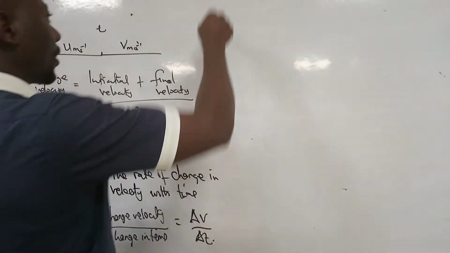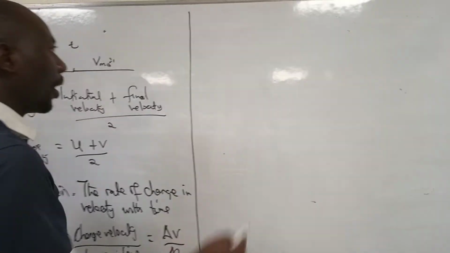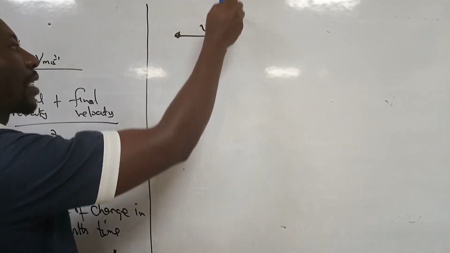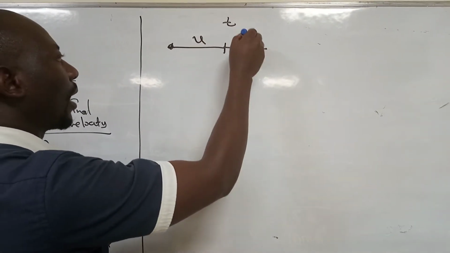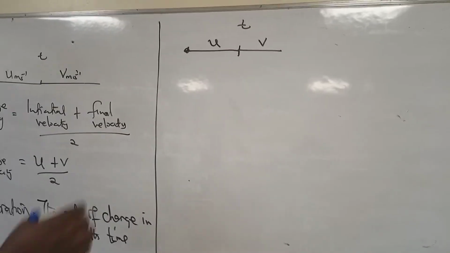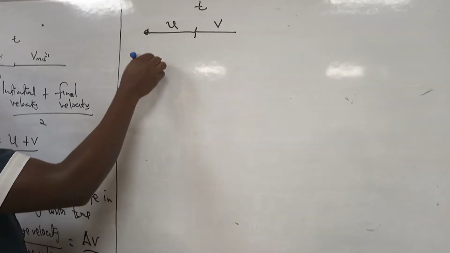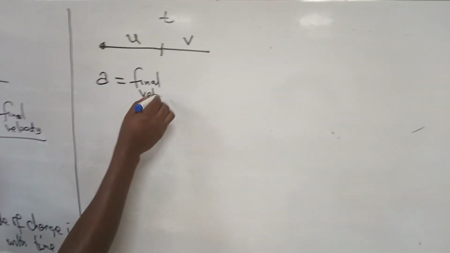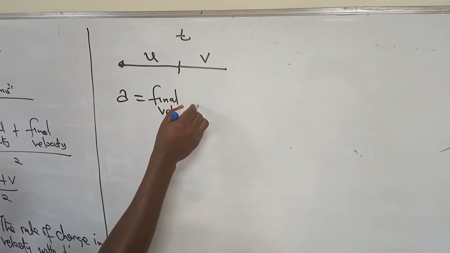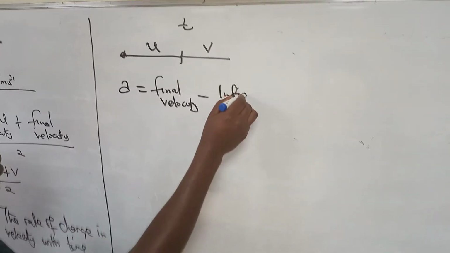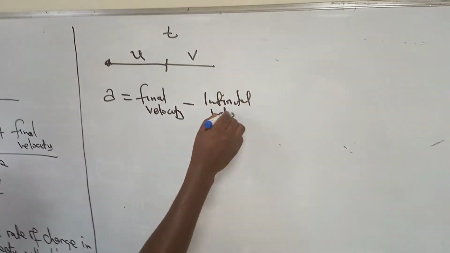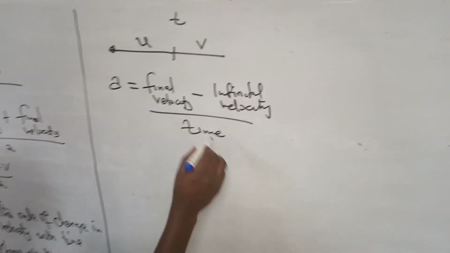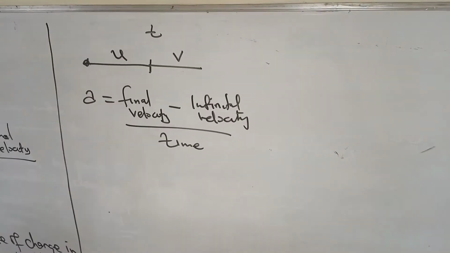We had defined that if a body starts from an initial point with initial velocity u, and after some time t, it now moves with a final velocity v, acceleration shall be given as a is equal to final velocity minus initial velocity over time taken for it to change from u to v.